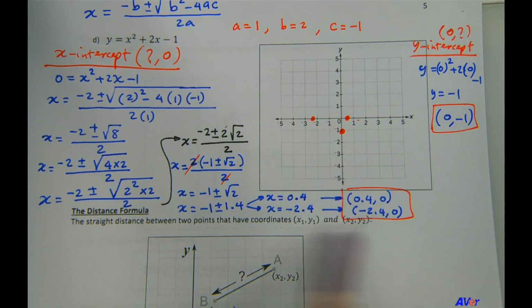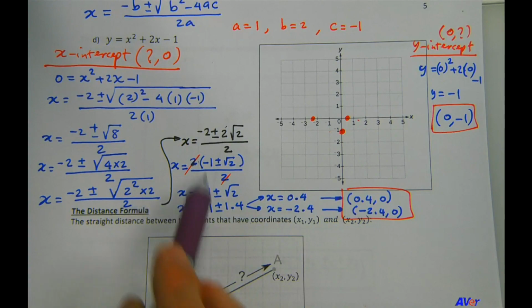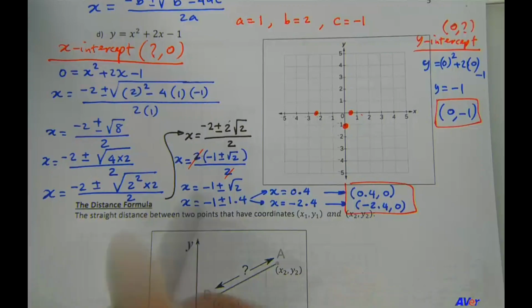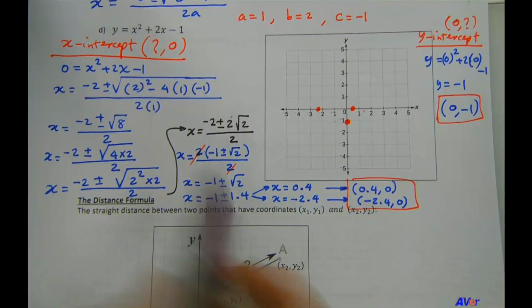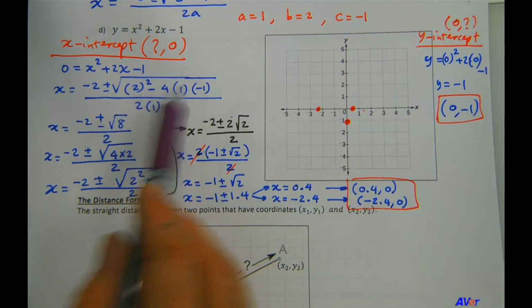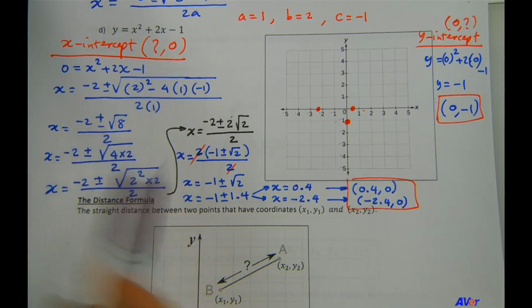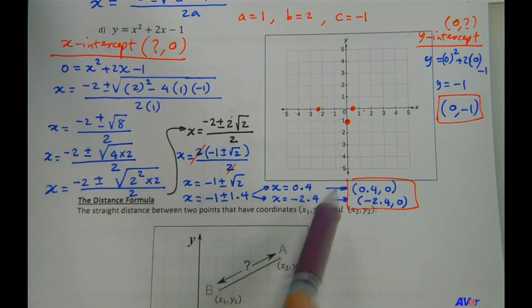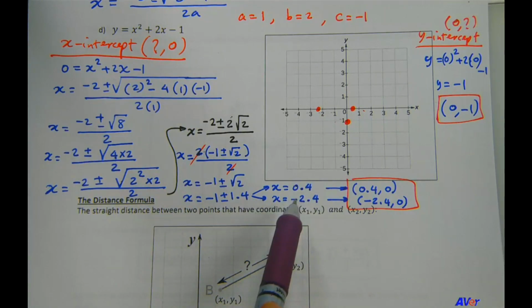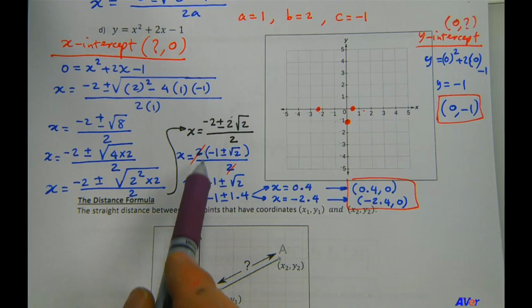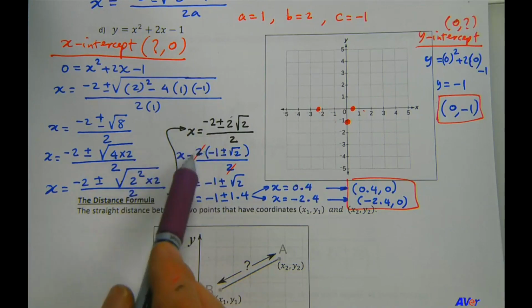So 0.4 comma 0, negative 1. I think that's correct. I'm just double checking what I have here. 2 times 1. Just double checking these numbers to make sure that my numbers are correct. 2 factored out.